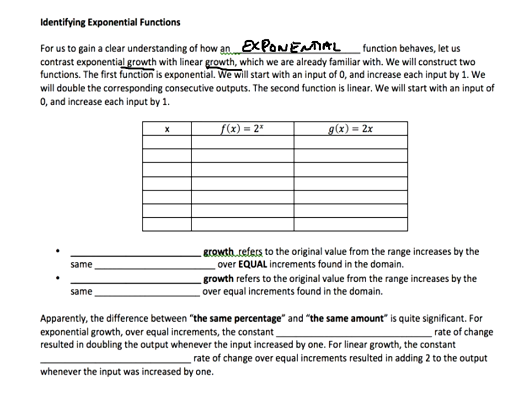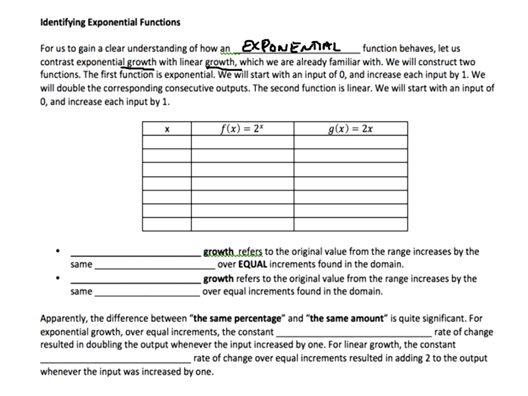Now we're familiar with the linear function, and when we're talking about linear growth, we're talking about a linear function that has a positive slope on it. So we're going to construct two functions here in this XY table and compare them and see how they are different.